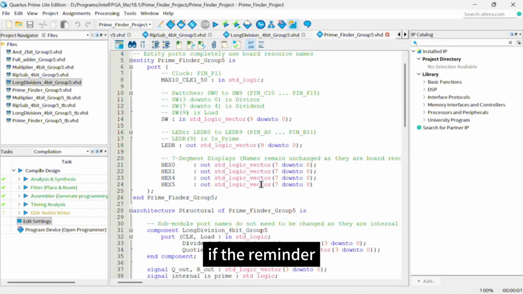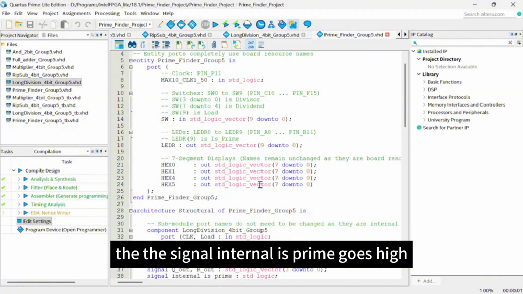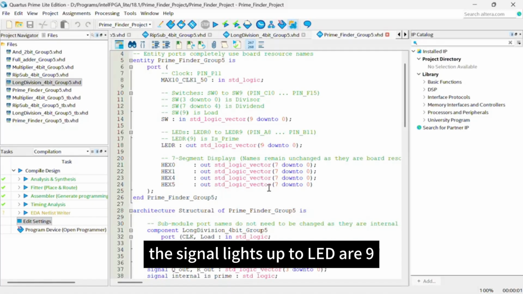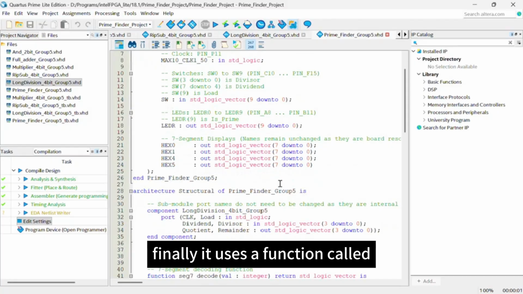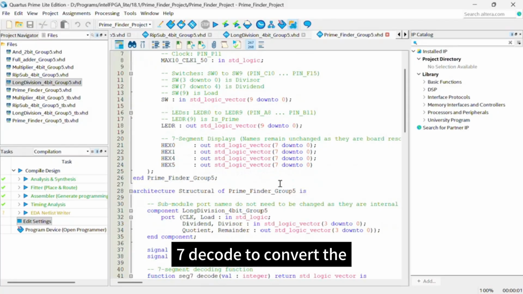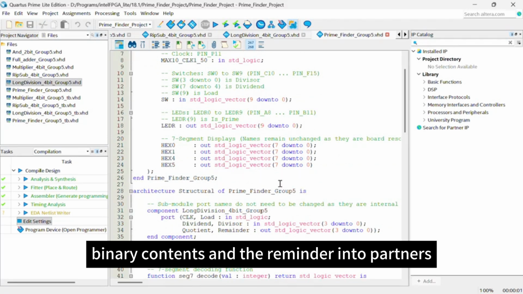If the remainder is not equal to 0, the signal internal is prime goes high. The signal lights up LED R9 to indicate the result.